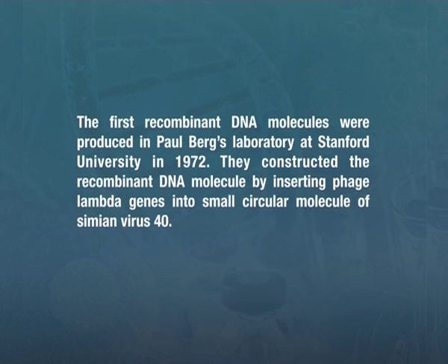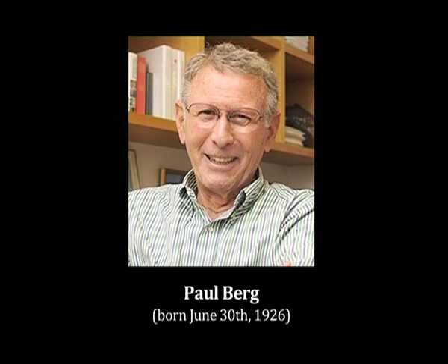They constructed the recombinant DNA molecule by inserting phage lambda genes into a small circular molecule of simian virus 40. Paul Berg was awarded the Nobel Prize in Chemistry for this discovery.